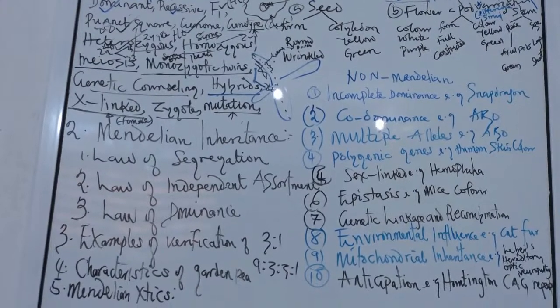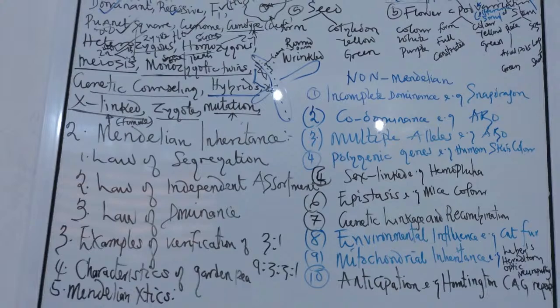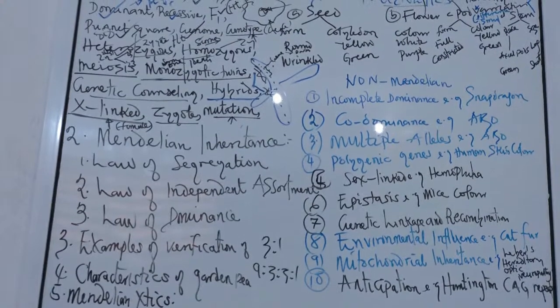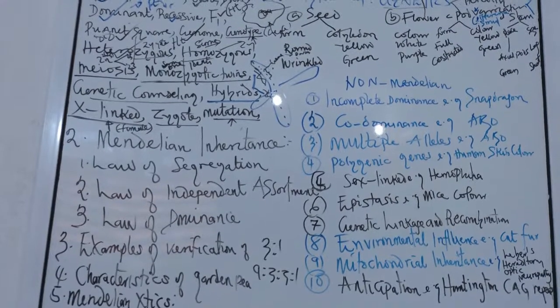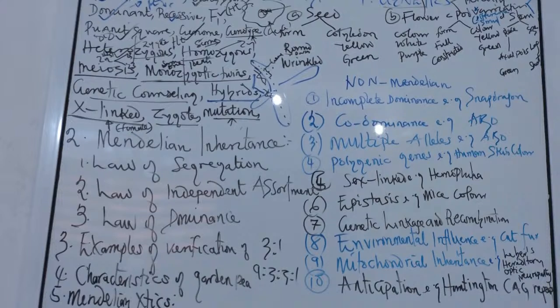This plant can also produce a large number of offspring within a very short period of time, and these are some of the reasons why the garden pea plant was chosen as an instrument by Gregor Mendel, who is regarded as the father of genetics up to today.